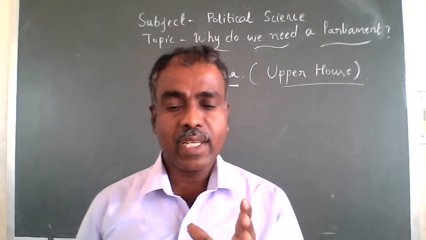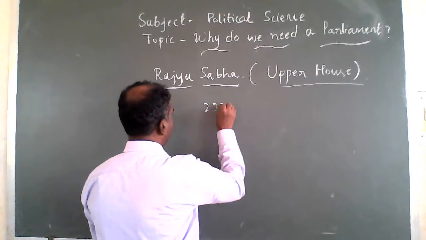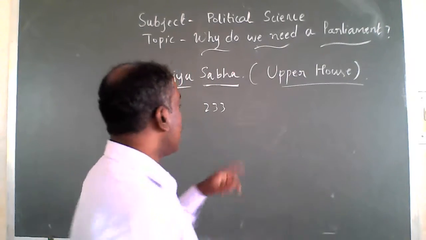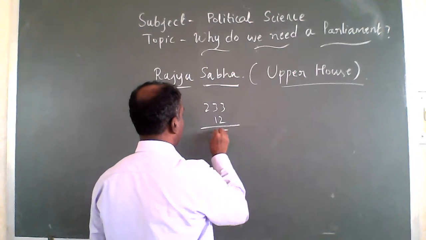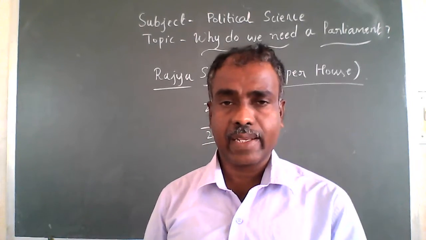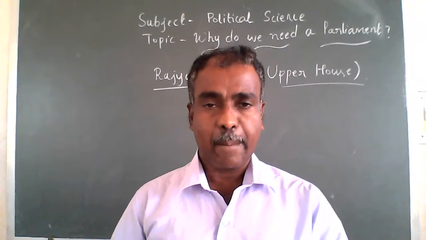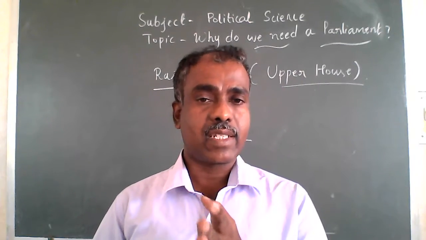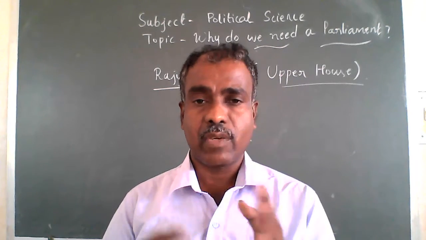So in total, how many are there? 233 elected by the elected representatives and 12 nominated by the president, so the Rajya Sabha consists of 245 members. Is it understood now? Usually the Rajya Sabha Adhyaksh, or head of the Rajya Sabha, in our country is the vice president of the country, whoever it may be.